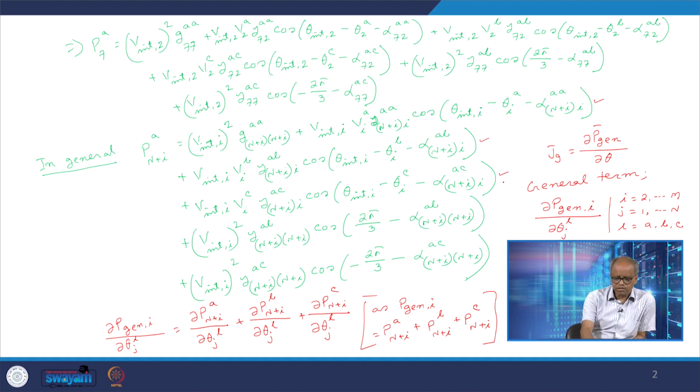The other terms do not contain any theta internal I, so their partial derivatives with respect to theta internal I would be 0; only these three will exist.